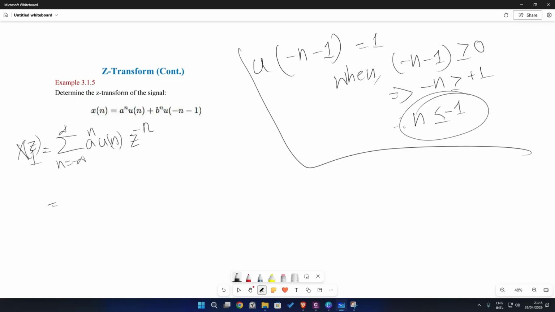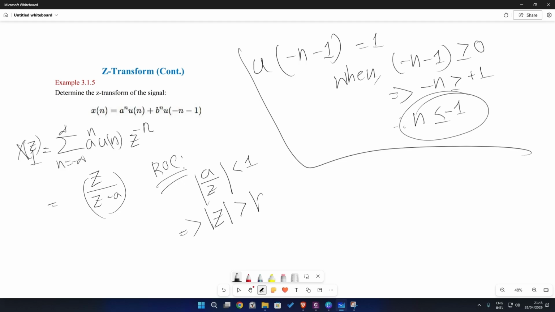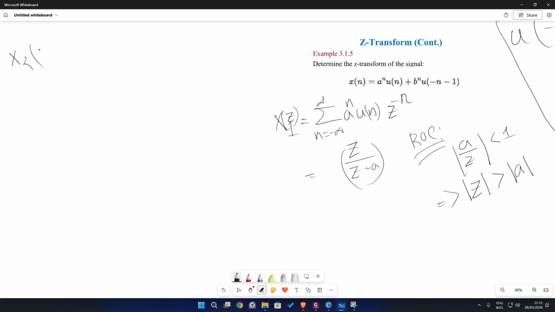We have already done this, so the answer will be z divided by z minus a, and the ROC will be, we know the common term a by z is less than 1, so modulus of z will be greater than modulus of a.